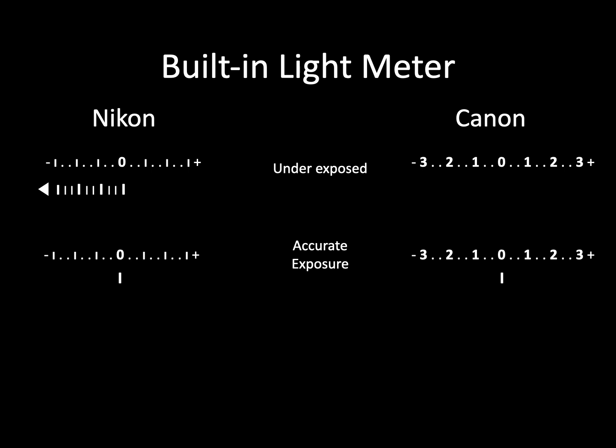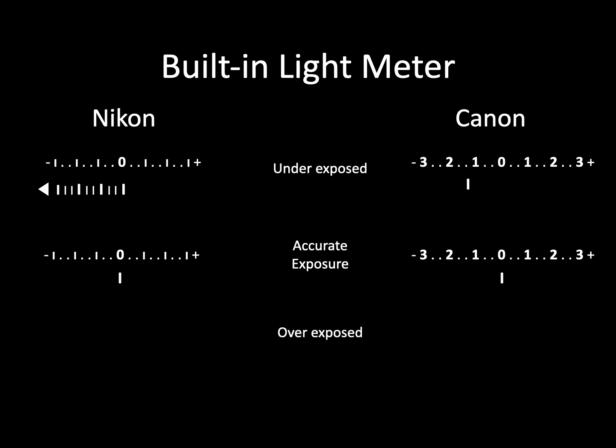So in this instance here, you've got the large lines and then the little dots in between. The large lines show you a full stop and the little dots are a third. So in this instance here on the top on the left of the Nikon, it shows you it's more than 3 stops underexposed. The Canon will go on just one little line like that and just rest on the point where it tells you. So in this instance, it's showing you 1 1/3 stop underexposure.